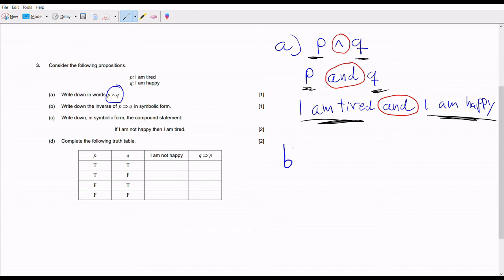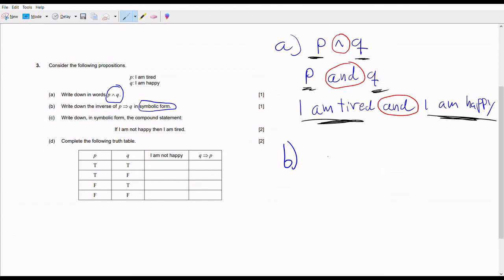For part B, we need to write down the inverse of P implies Q in symbolic form. If it says in symbolic form, we can't plug in anything. We're not going to use any words, only symbols.